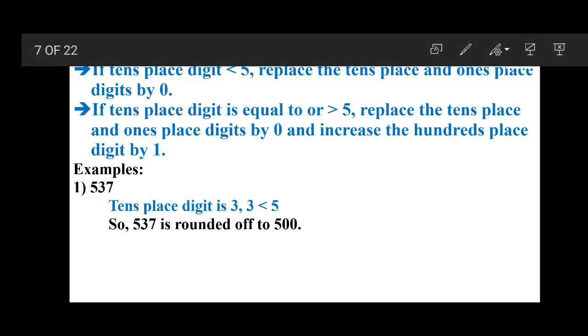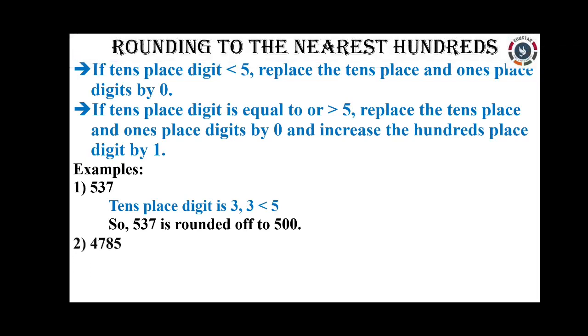Second example, 4785. Here in this number, the tens place digit is 8. 8 is greater than 5. So replace the tens place digit and ones place digits by 0.